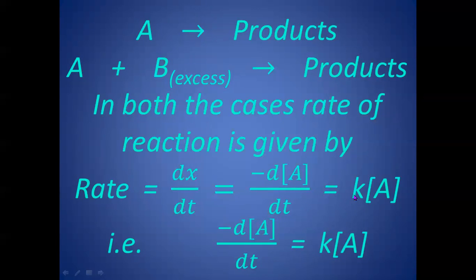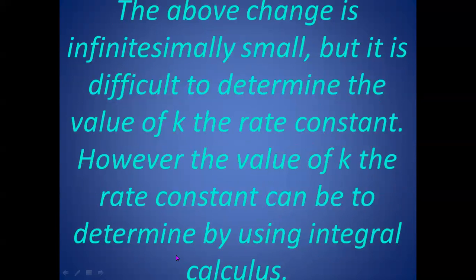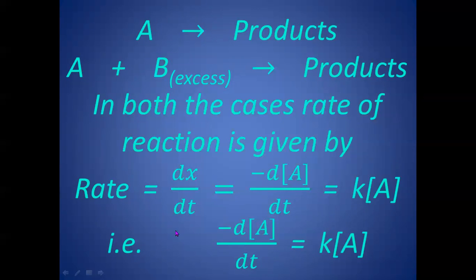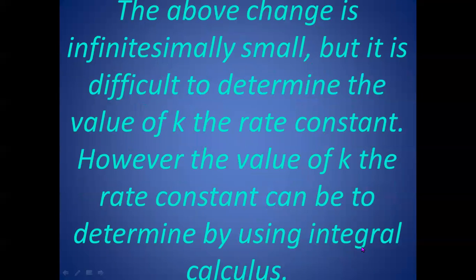Or it can also be written as K, that is the constant, into concentration of A. Therefore, minus dA by dt is equal to K[A]. So the rate of the reaction is equal to dx by dt, or K into concentration of A.